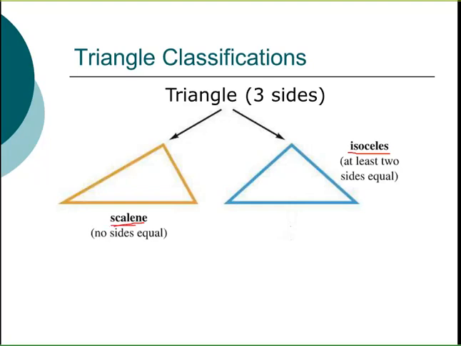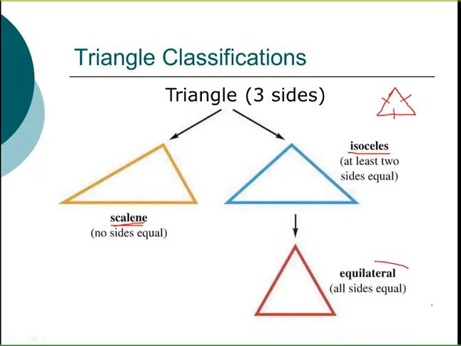There's isosceles and scalene. Scalene means no sides are equal. These are all different measures. And isosceles means at least 2 of the sides are equal. You could have all 3 be equal, and it's technically still isosceles. So if I could draw a perfect triangle where all the sides are the same, by the way, when you mark them like that, they mean they're the same, that's still isosceles. It's also regular.